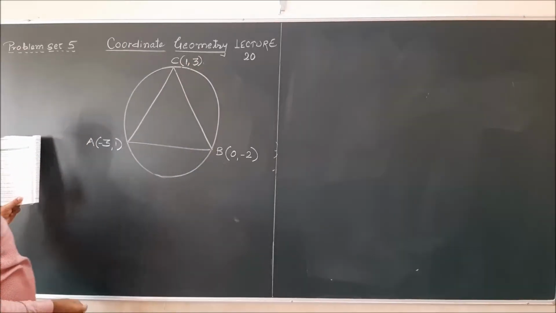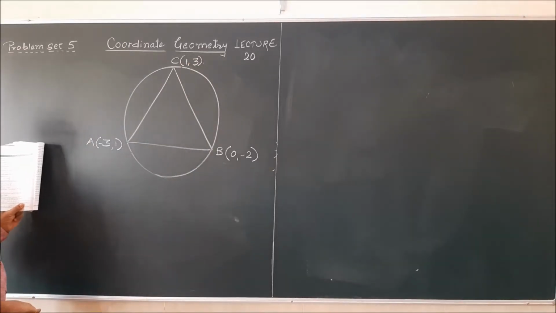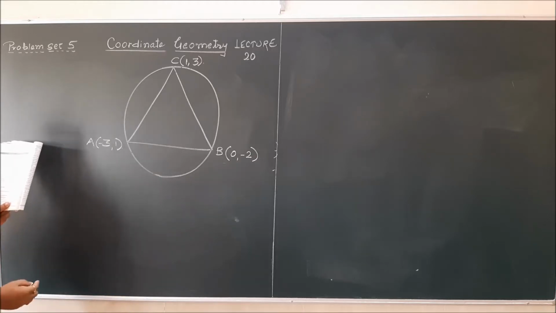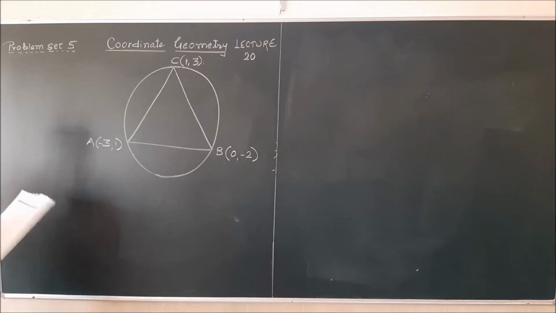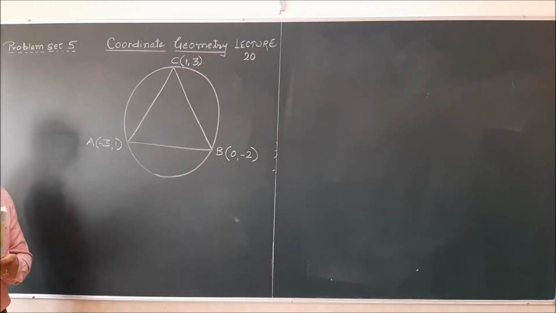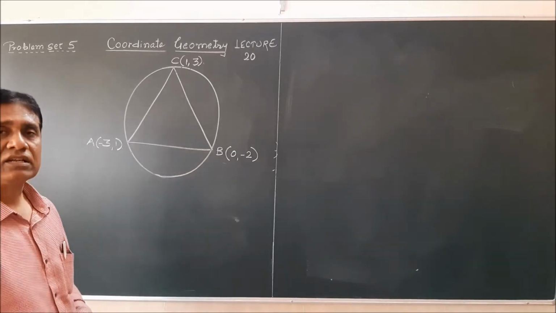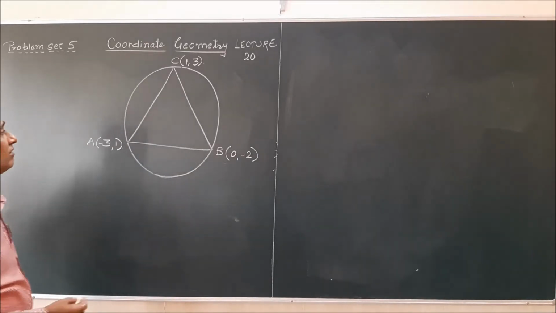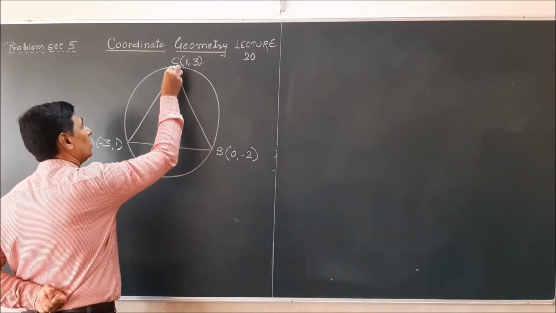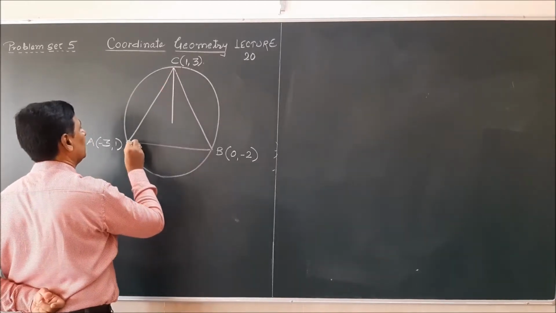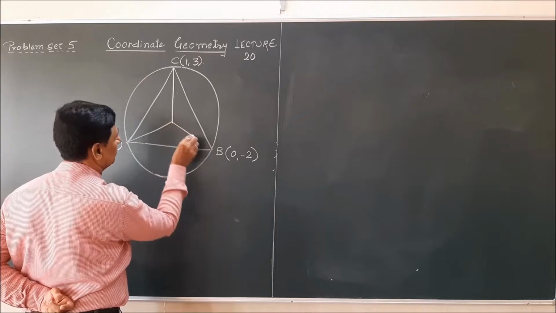Be careful here. Once again, the vertices of the triangle are A minus 3, 1, B 0, minus 2, and C 1, 3. The question asked is, find the coordinates of the circumcenter of the triangle. Sometimes the same question is also modified by asking to find out the radius of the circle also.